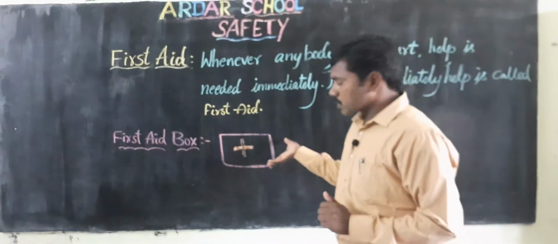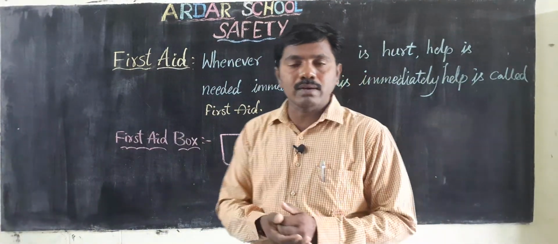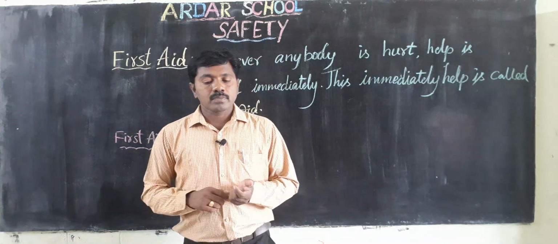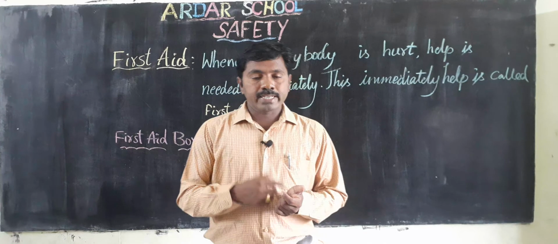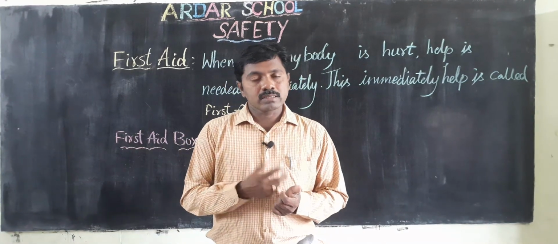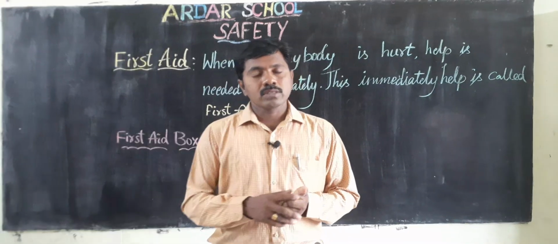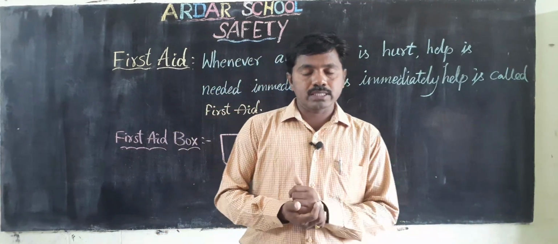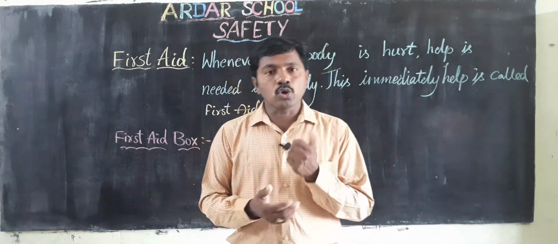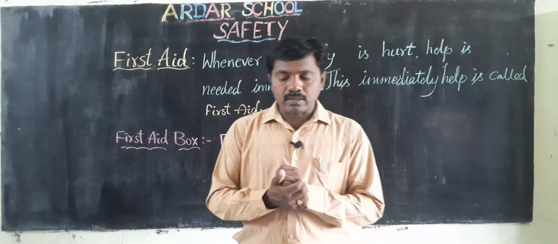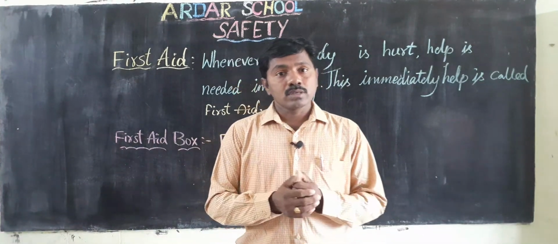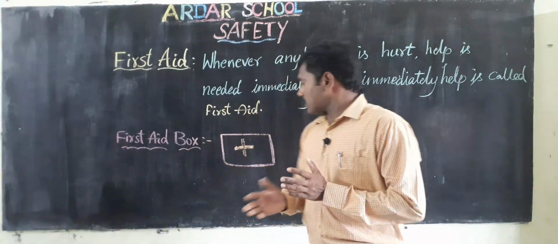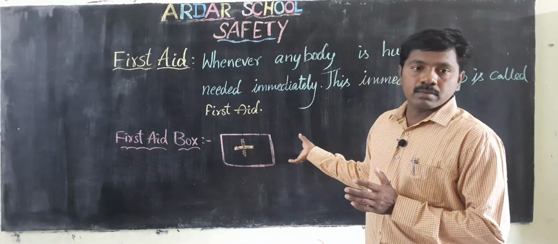This box also has some equipment: cotton, gauze, bandages, scissors, iodine, antiseptic lotions, antiseptic creams, ointments, soap, emergency numbers, small torchlights. These equipment are kept in the first aid box.